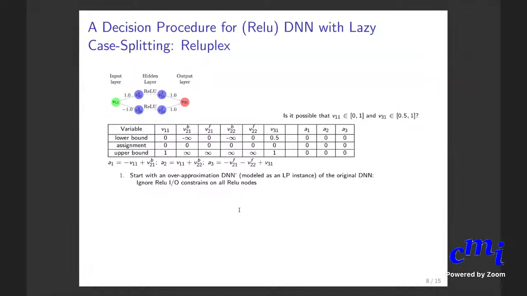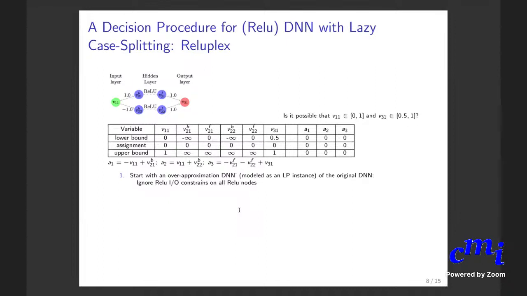So your constraint is that this has to be equal to that. You convert that into an equation and then say that the lower and upper bound has to be 0, because they have to be exactly equal.